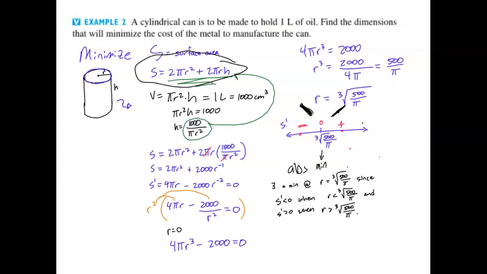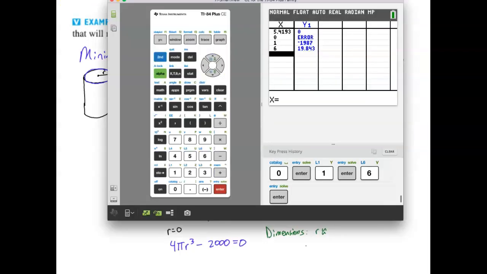So we want our dimensions to be, and if you're going to approximate in calculus, it's at least 3 decimal places. So my radius is approximately, hold on, let me go back to my calculator. What was it? 5.419.